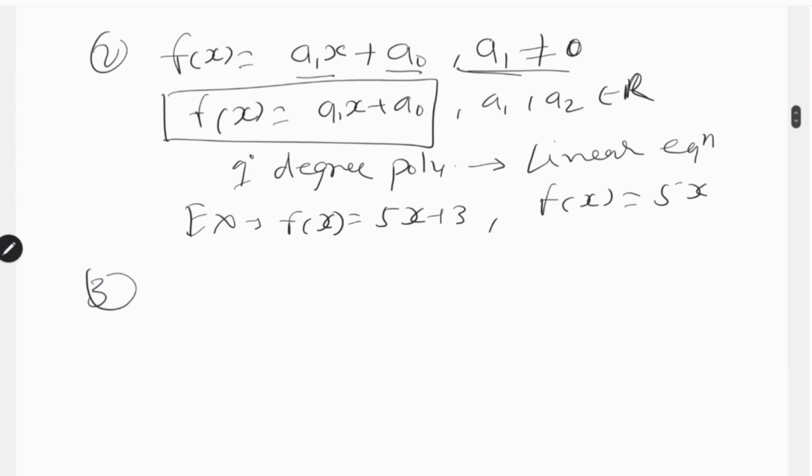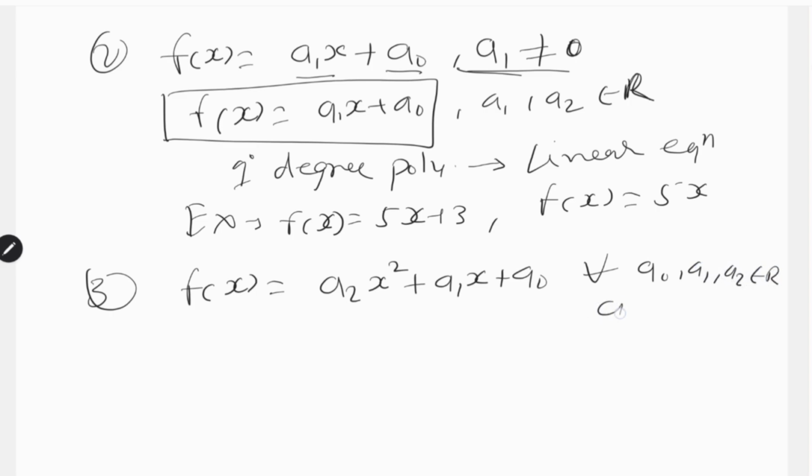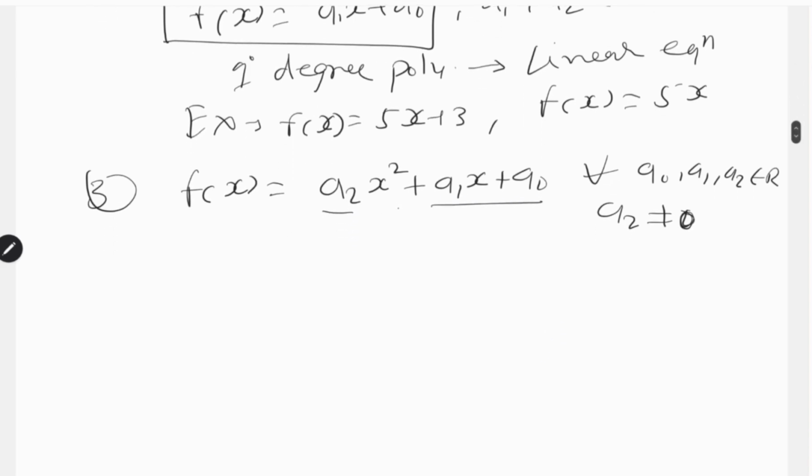For example 3, if f of x is equal to a2 x square plus a1 x plus a naught, there a naught, a1 and a2 belong to R and a2 is not equal to 0, because if a2 is equal to 0, then that is linear equation. Then the highest degree is 2.